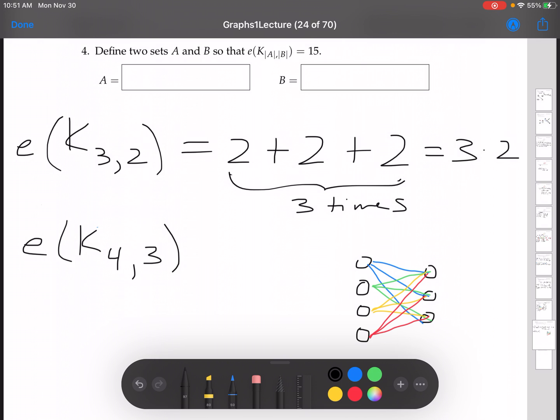So first we have 3 connections there, that's 3, plus 3 connections there, plus 3 more connections there, plus 3 more connections there.